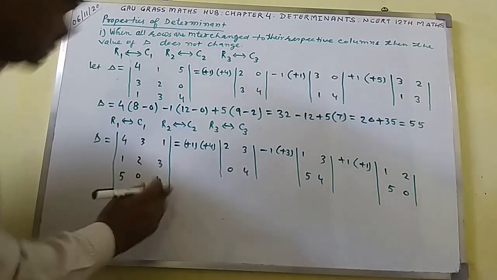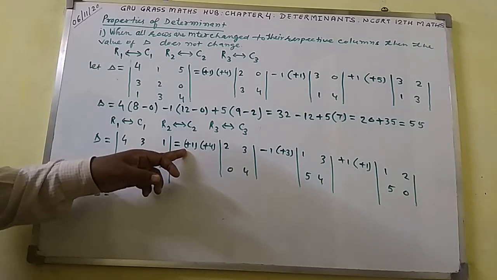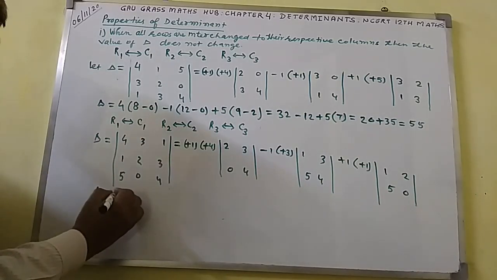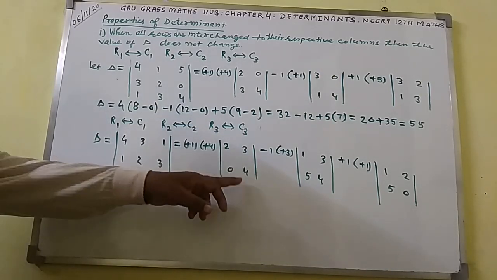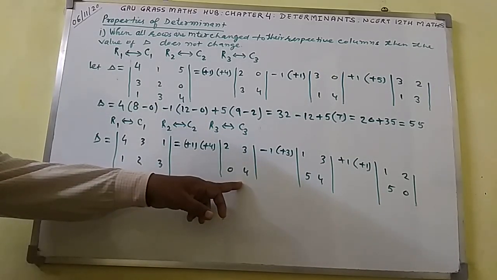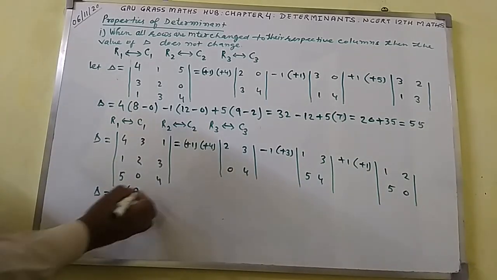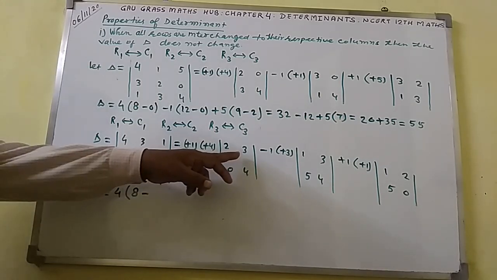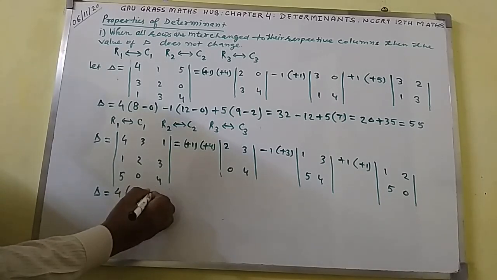Now evaluate the value here. You will get determinant equal to plus 1 multiplied by plus 4. We will get here only 4, and 2 multiplied by 4, 4 times 2 is 8. Minus, 0 and 3 multiplied together, we will get only 0.